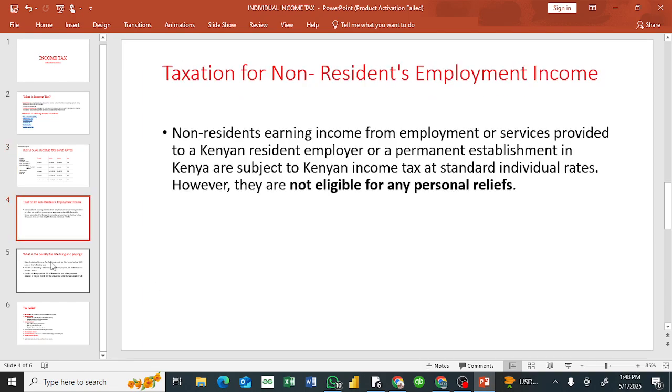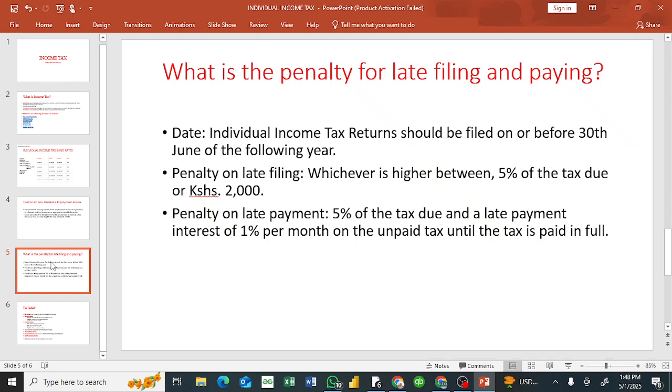Let us look at the penalties for late filing and payment. Individual income tax is normally filed on or before 30th June of the following year. For example, for last year 2024, you file before 30th June of this year 2025.